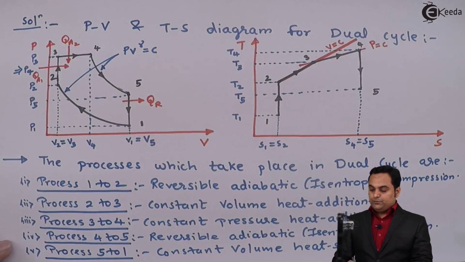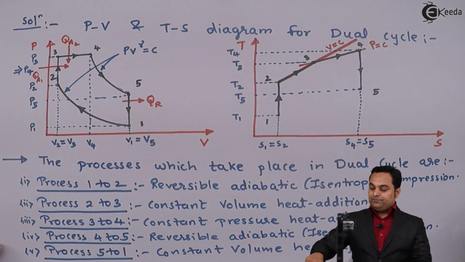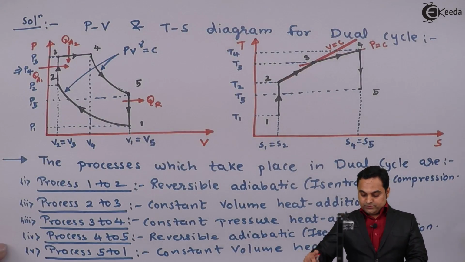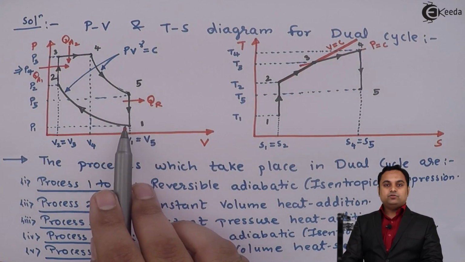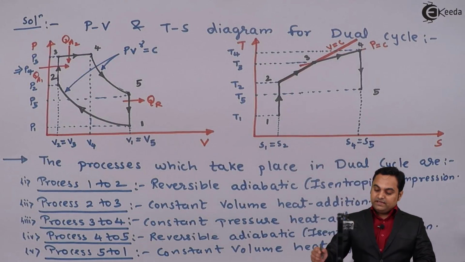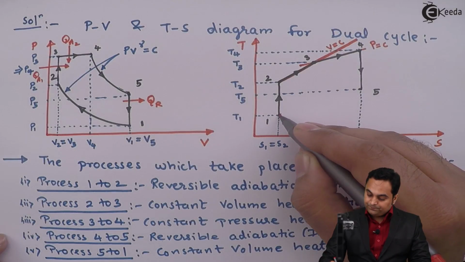The temperature drops. So this is the expansion process on TS diagram. Next, the last process is constant volume heat rejection, which we have shown on PV diagram. On TS diagram, again I'll draw a constant volume line like previously I had drawn.